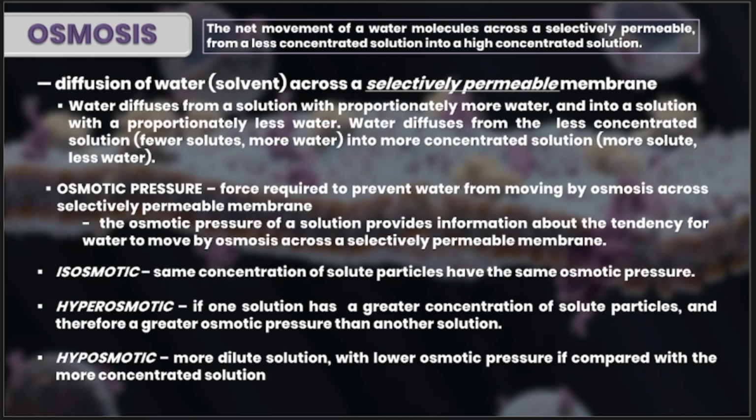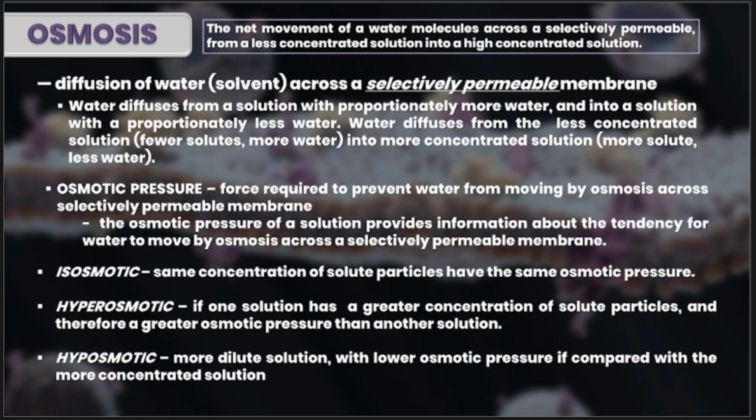We have the following terms: isosmotic, hyperosmotic, and hyposmotic. Isosmotic is when two solutions have the same concentration of solute particles. Therefore, they have the same osmotic pressure, meaning water does not move between them by osmosis.